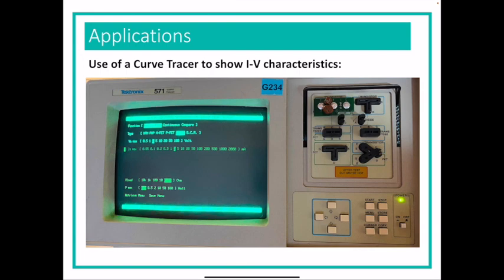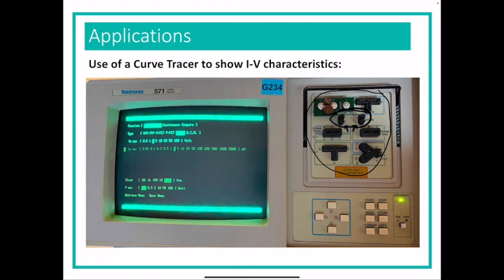I believe it was manufactured in 1989, but it still works just fine. It has a lot of different places that you can put different types of devices. The one we use is, of course, in the middle where the diode is, and it labels the cathode and the anode for you. So if you can figure out the cathode and the anode of your device, you can plug it in and get the characteristic traits.